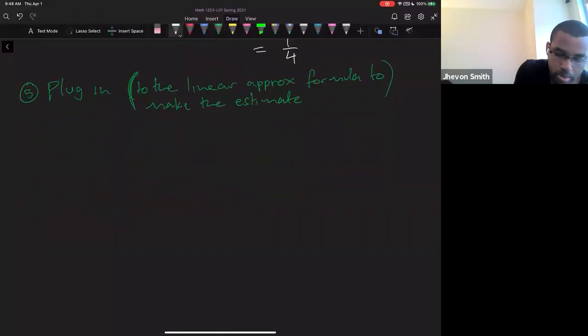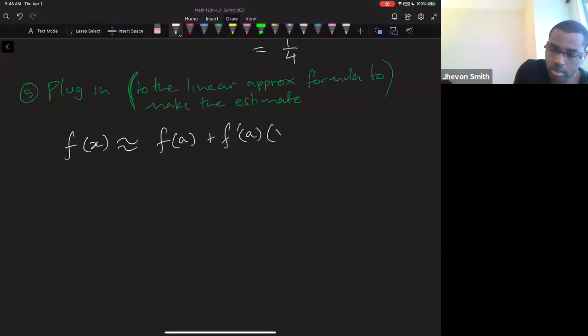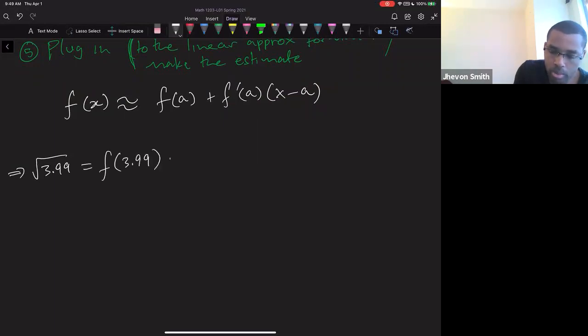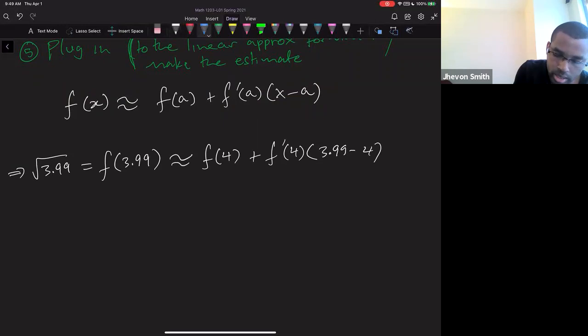So here, I know that my f of x is approximately equal to f of a plus f prime of a times x minus a. And so my square root of 3.99, well, that's just f evaluated at 3.99, but that's approximately equal to f evaluated at 4 plus f prime evaluated at 4 times 3.99 minus 4, because this is the x and this is the a in that formula above.